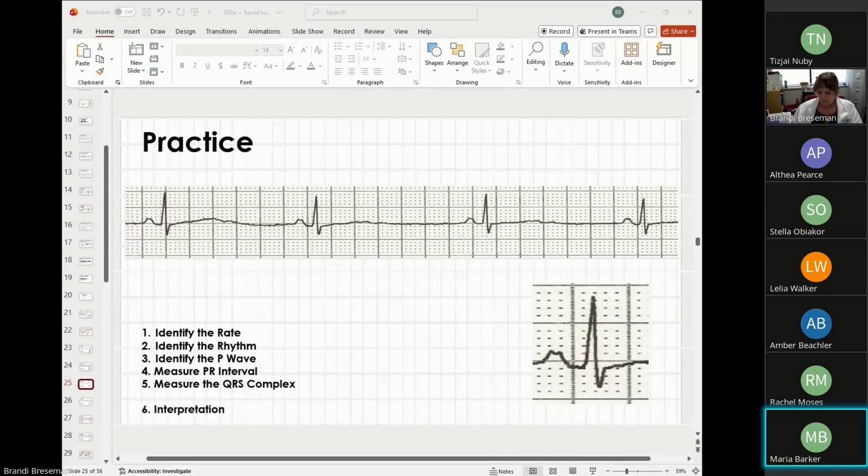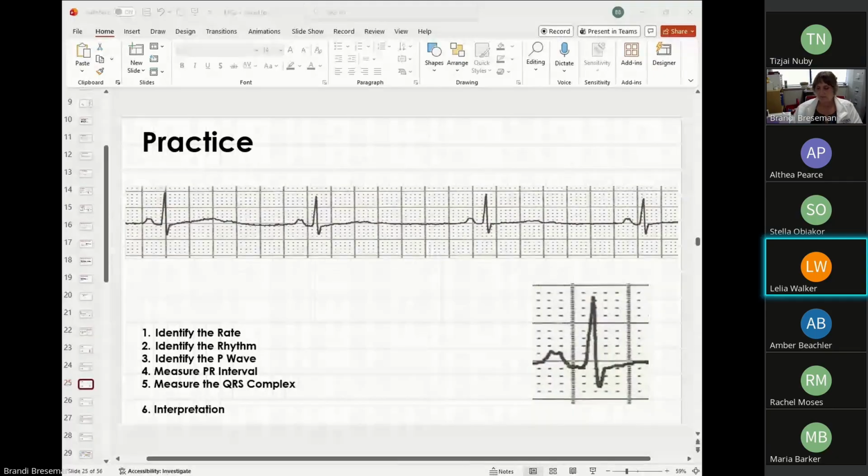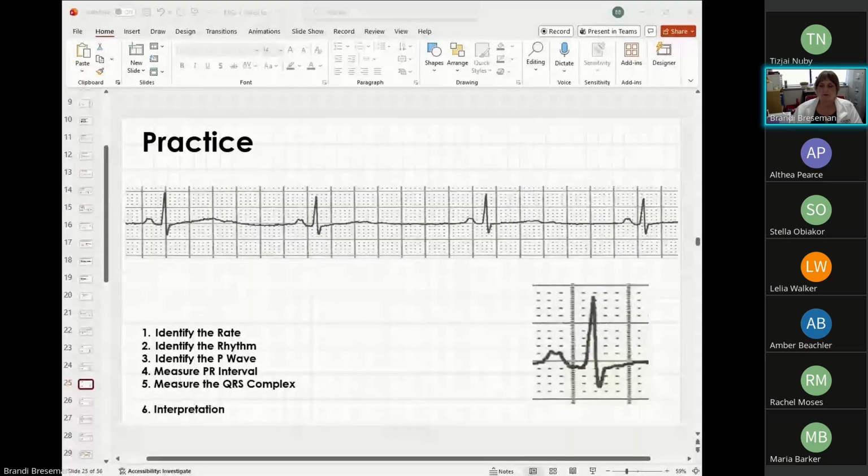Fatigue, dizziness. What's your assessment going to look like? What's their skin tone going to look like? Pale, sweaty. Cap refill is probably going to be delayed.